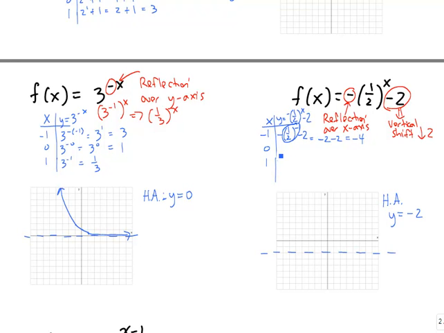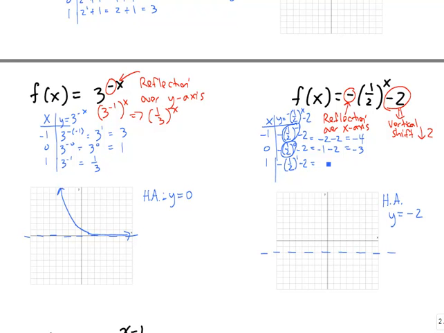Okay, so now let's plug in 0. If we plug in 0 for x, anything to the 0 turns into 1. And there was a minus in front of that, and a -2 on the side, so -1 minus 2 gives me -3.